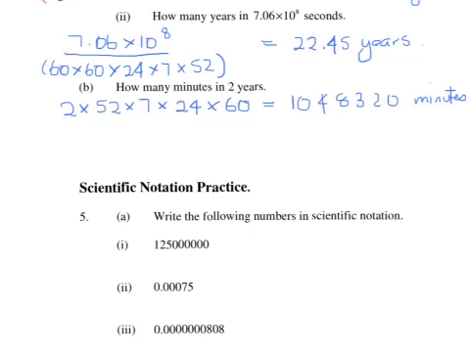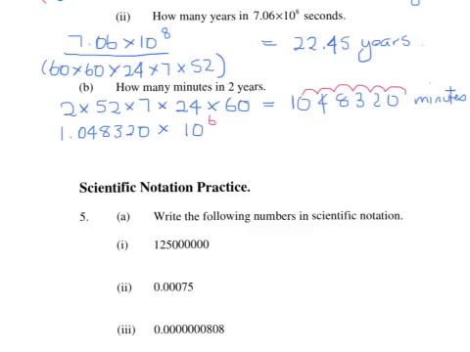Okay, now if we wanted to convert that number to scientific notation, we've got to rewrite it as 1.04832 multiplied by 10 to what power? Well, we've moved the decimal point 1, 2, 3, 4, 5, 6 places, so it'll be 10 to the power 6.